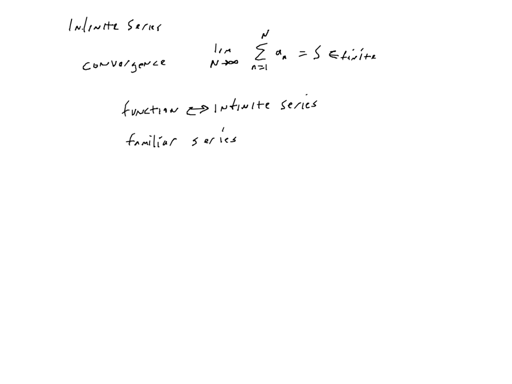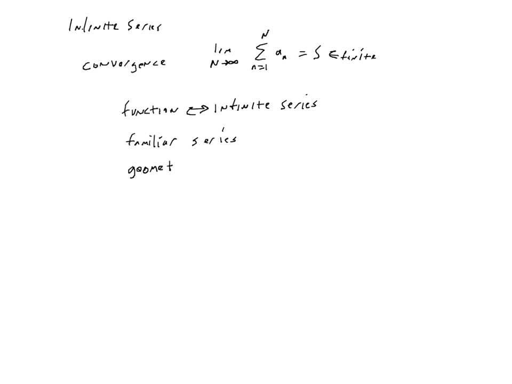So the familiar series are just that small set, like e to the x, or sine and cosine, or inverse tangent, or 1 over 1 plus x, or something like that. So those are all familiar series, but another thing that's important are the geometric series.